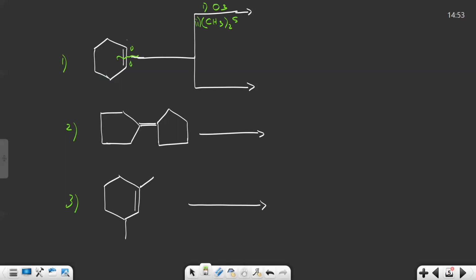Before that we can number it 1, 2, 3, 4, 5, 6. So the compound formed will be like this: on the first carbon atom there will be a double bond O and a hydrogen atom, then 2, 3, 4, 5, and on the sixth carbon atom there is an aldehyde group. So you will get this compound.